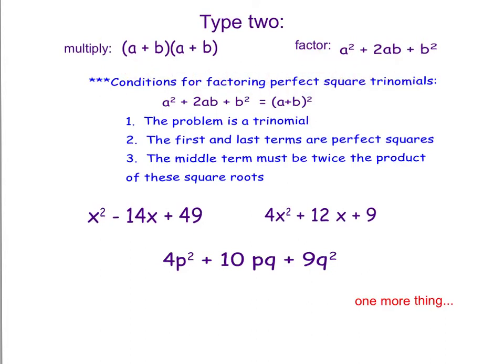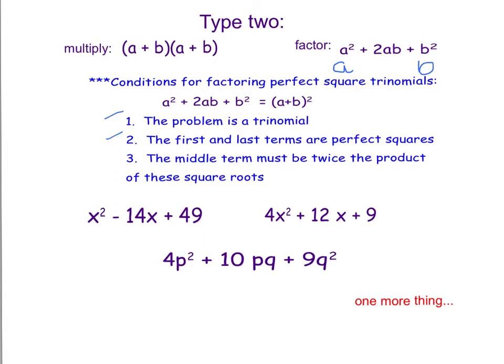So here are the conditions for a perfect square trinomial, if it fits this. First, it's a trinomial. So you have to look, is it a trinomial? Yes. Are the first and last terms perfect squares? Well, the first is, and the last is. So that one is checked.